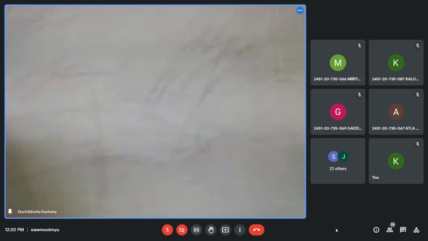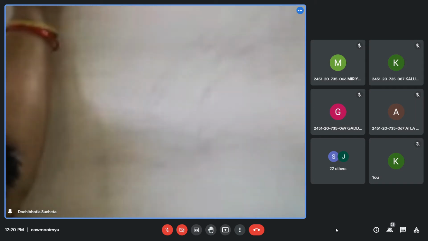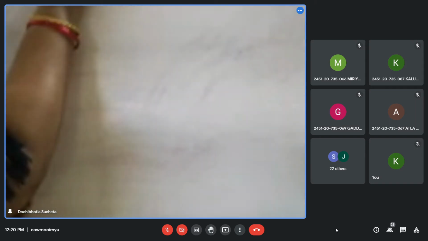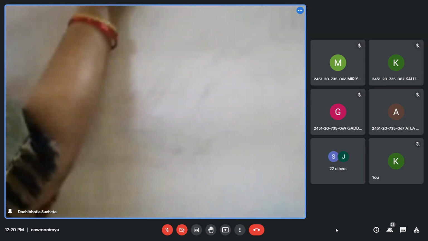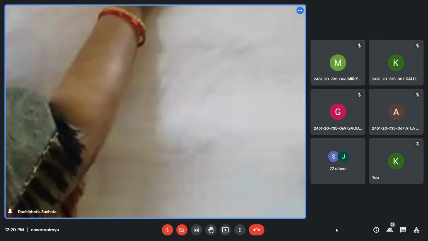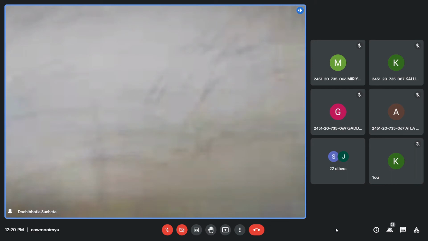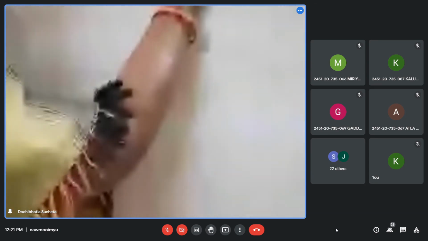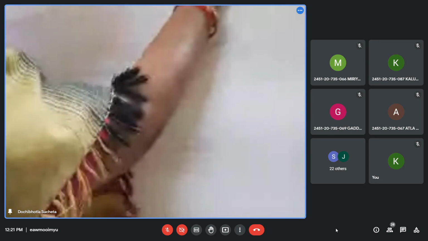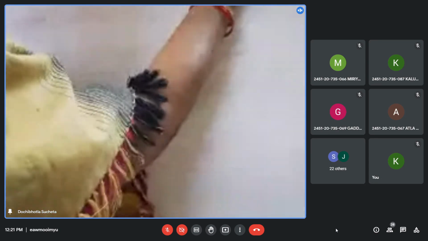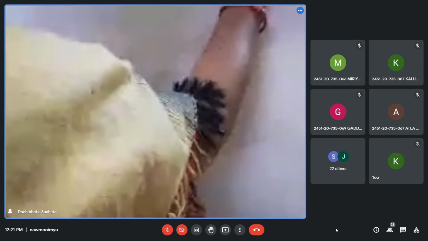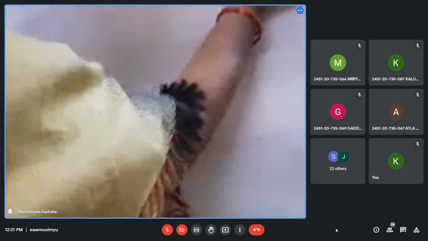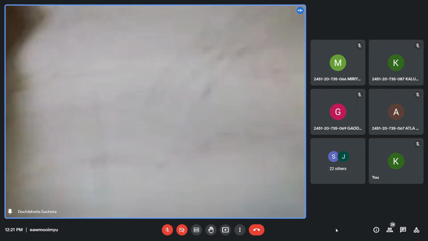Fourth point, molecular mass of air is equal to 28.94 grams per mole. Okay, the fifth one.